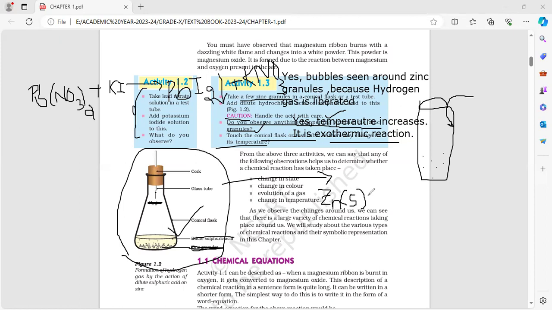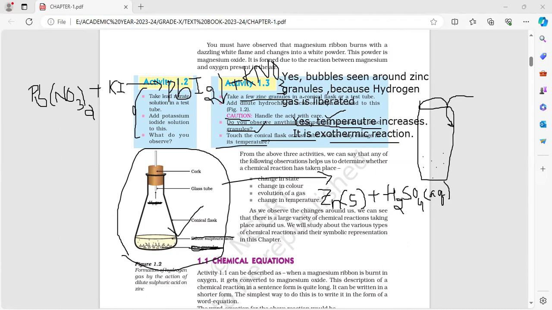Plus, and what I'm adding, he's saying sulfuric acid. What is the chemical formula? H2SO4. We are diluting it, right? So H2, S capital, O capital, 4, and it is dissolved in water. So whenever it is dissolved in water, we write aqueous.